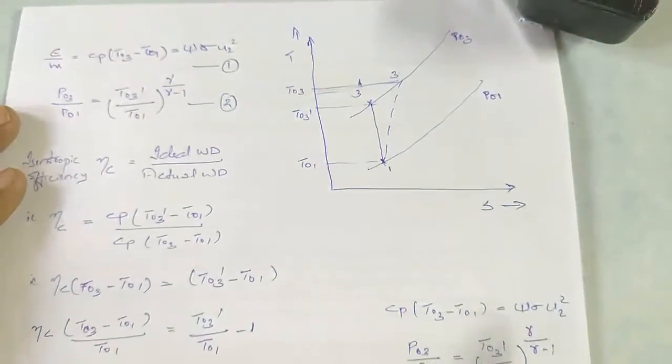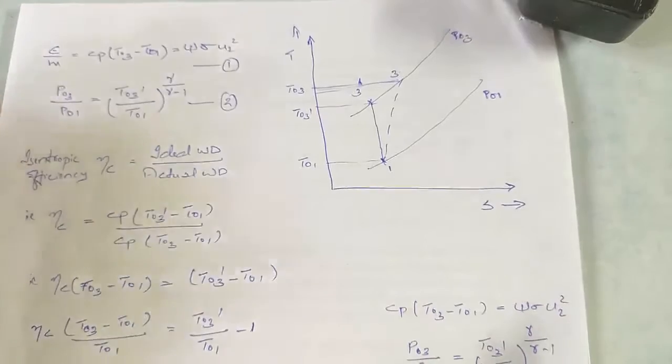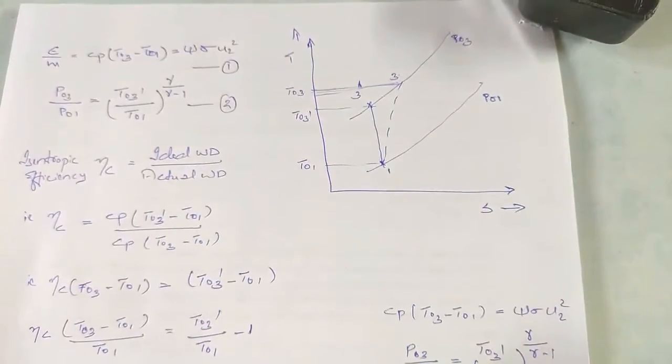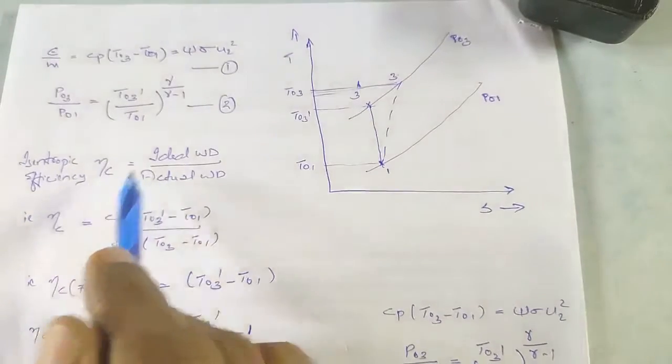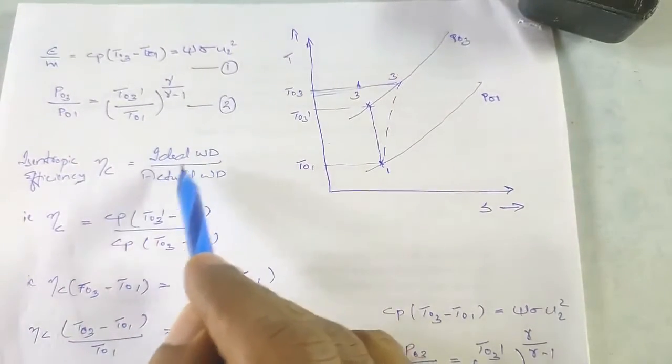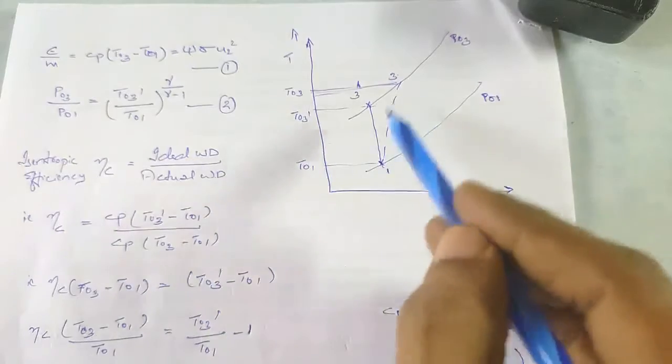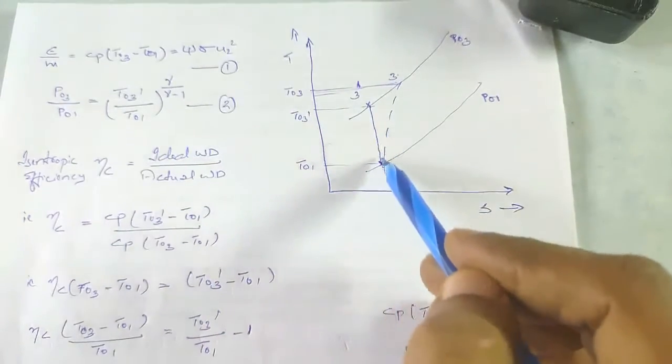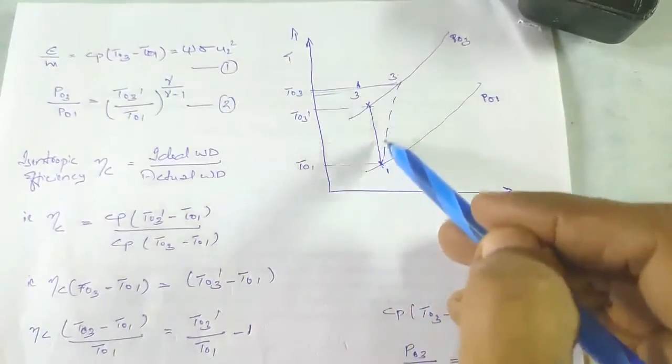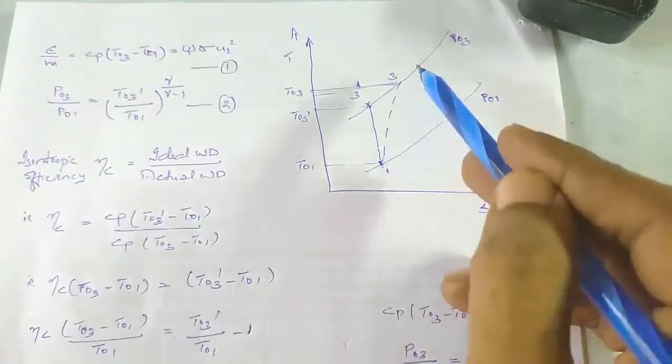Okay. So because there is an ideal work done and an actual work done, there is a ratio known as isentropic efficiency eta C, which is given by ideal work done by actual work done. Ideal work done is the work done for this ideal process, and actual work done is the work done for process 1 to 3.